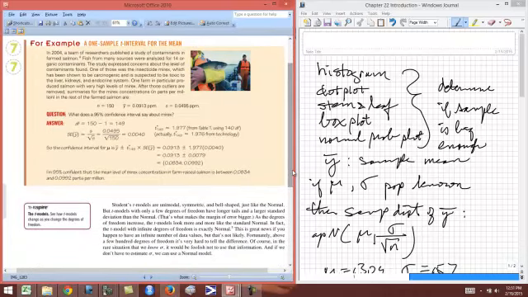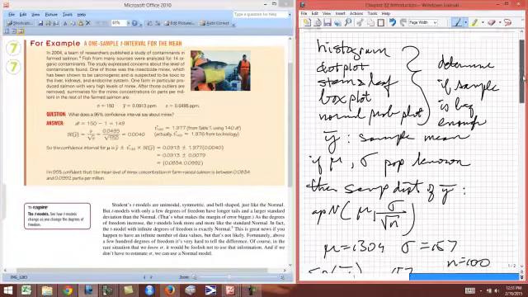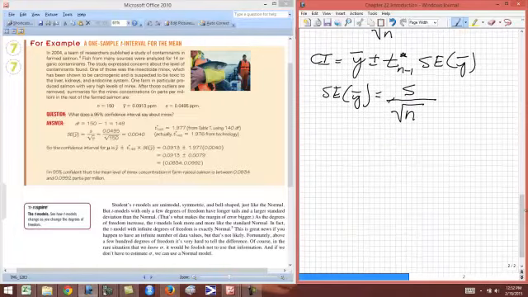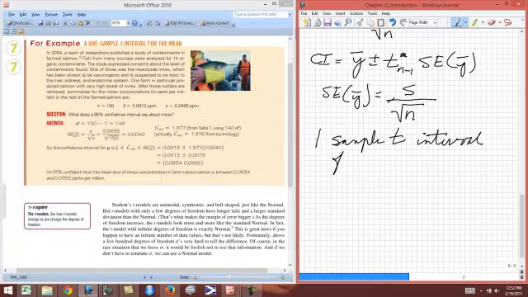So now we've got a whole new thing here. We haven't talked about the preconditions yet; we will. A one sample t interval, as opposed to a one sample z interval, for the mean.